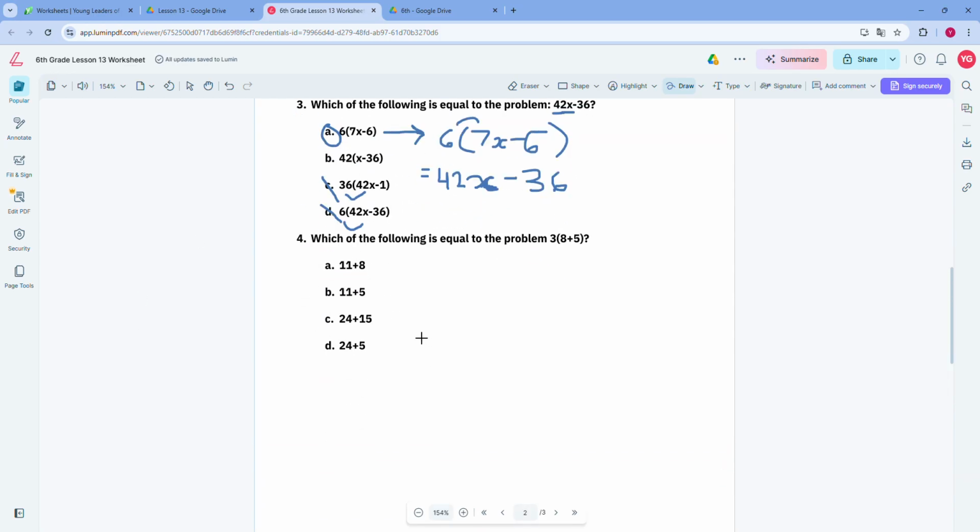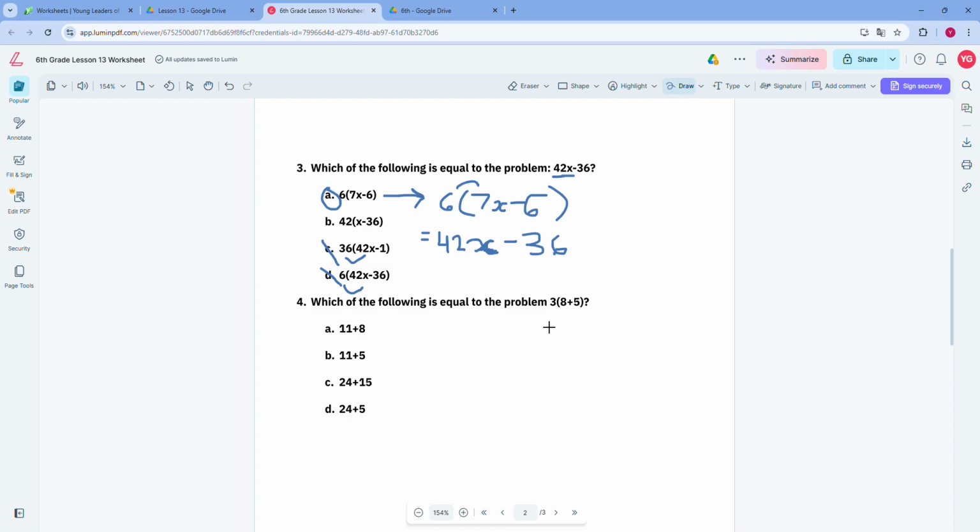Number 4 is asking which of the following is equal to the problem 3 times 8 plus 5. Now we can write that again. So 3 times 8 plus 5. Here, it actually doesn't really matter which one you do first, because you're always just going to get the same answer.